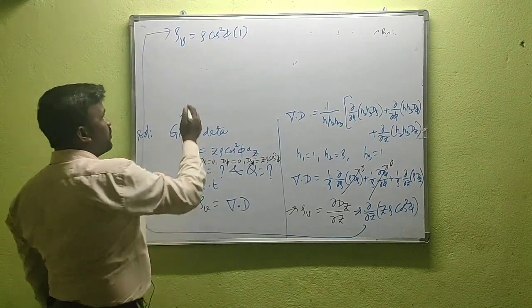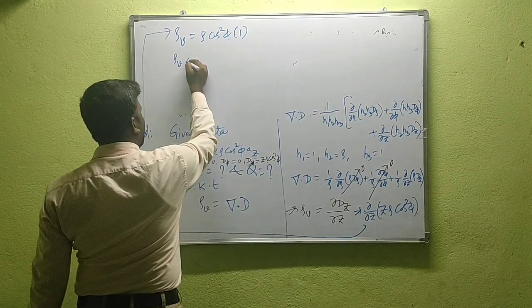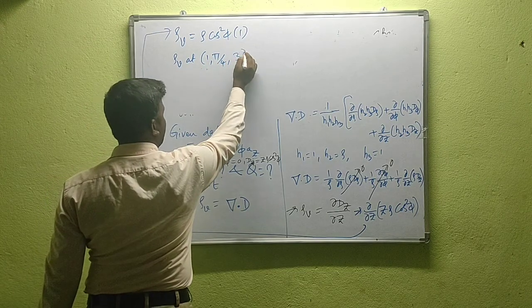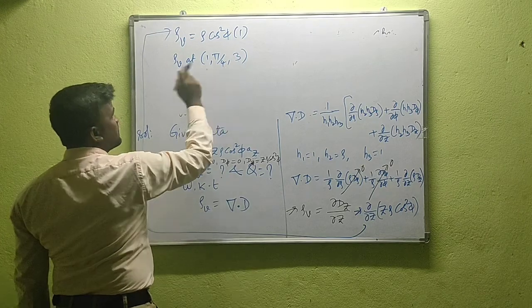But they asked for rho v at (1, 5π/4, 3). This is the rho value, this is the phi value, this is the z value.